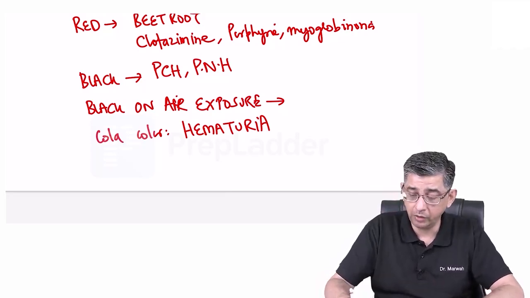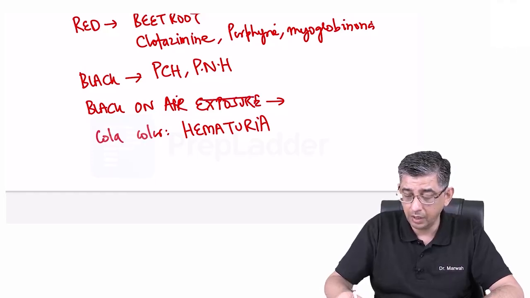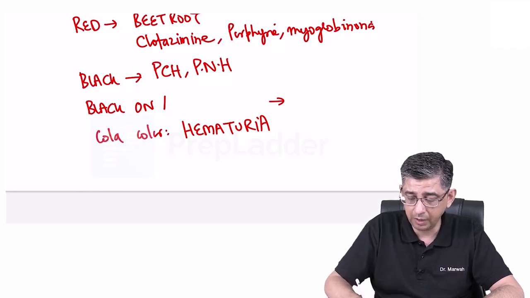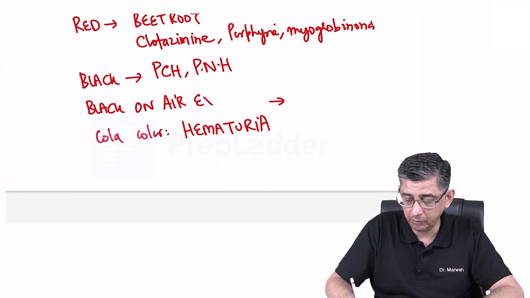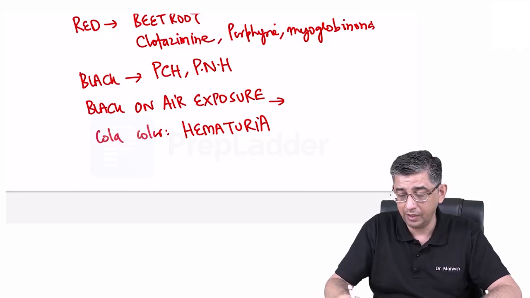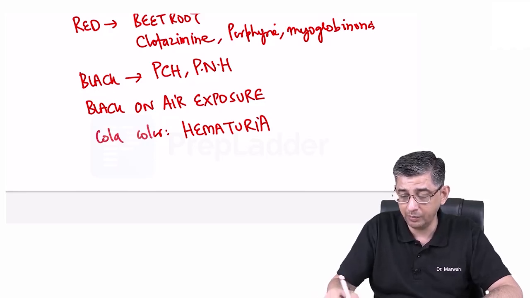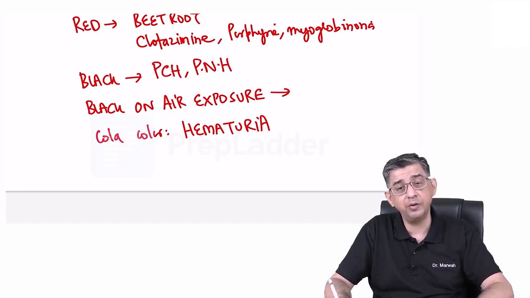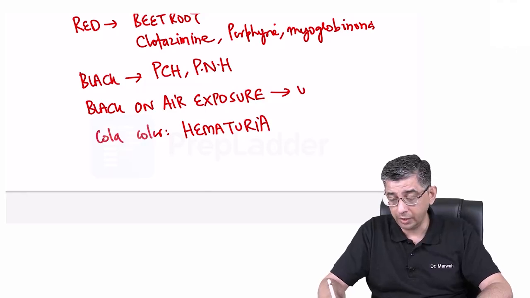Can you tell me, by your knowledge of pharmacology as well as biochemistry, in patients of alkaptonuria, because the urine will turn black on air exposure, and the patient says, sir, it really looks outrageous that I have passed urine and the sample is looking black, even as he's passing urine. He says, sir, can't you do something to prevent it from turning black? So what treatment do you give?